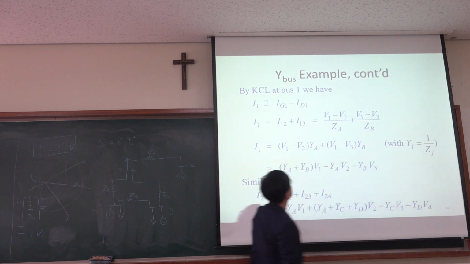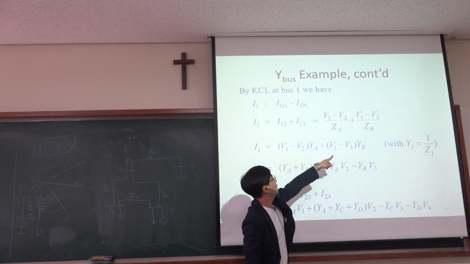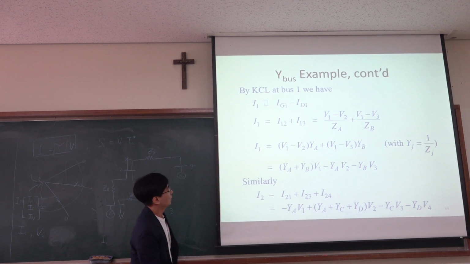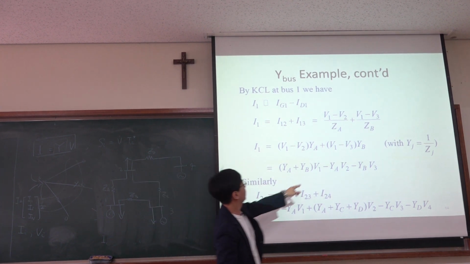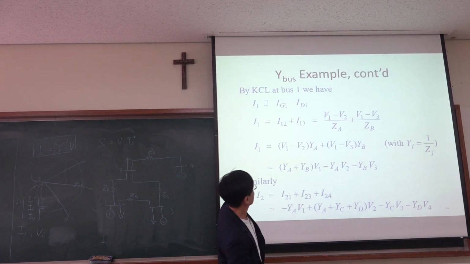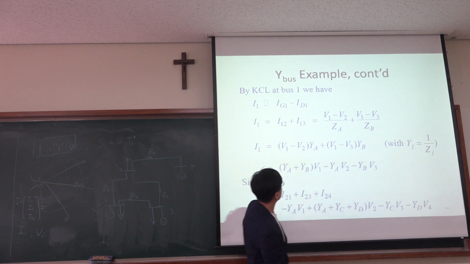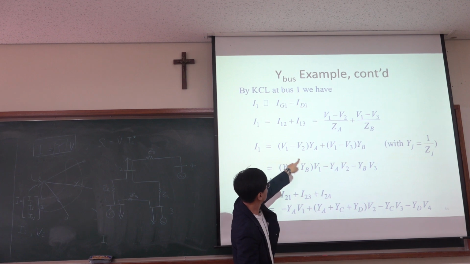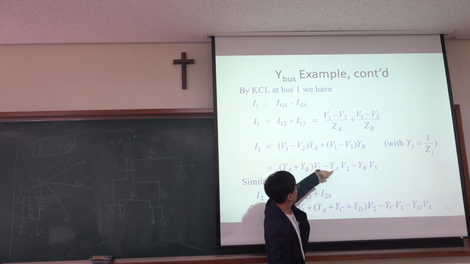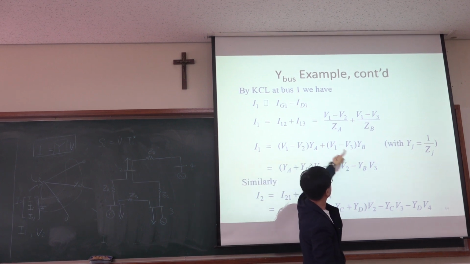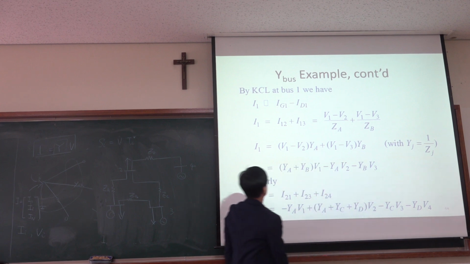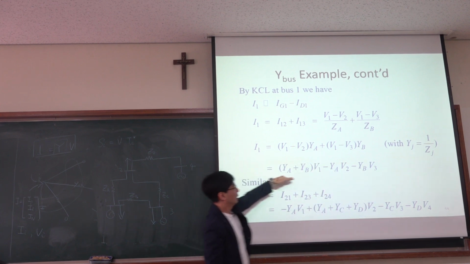Okay. So YA, YB, and then V1 times (YA plus YB), and V2 times minus YA, and minus YB times V3. Okay, so I1 is this.